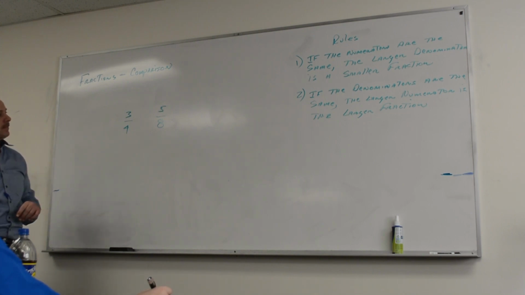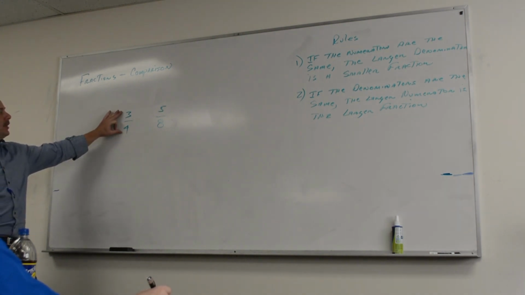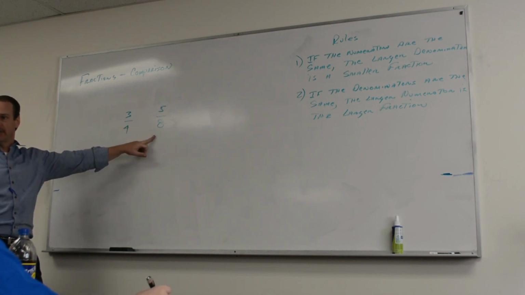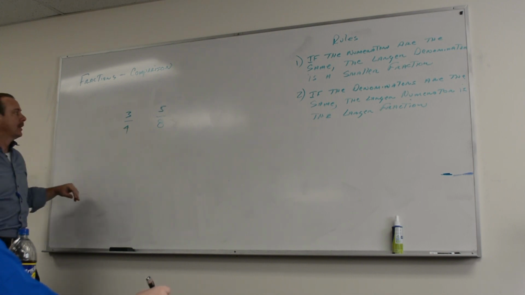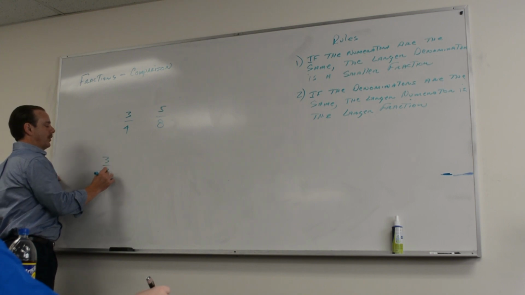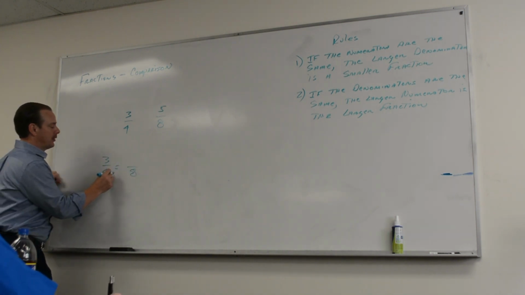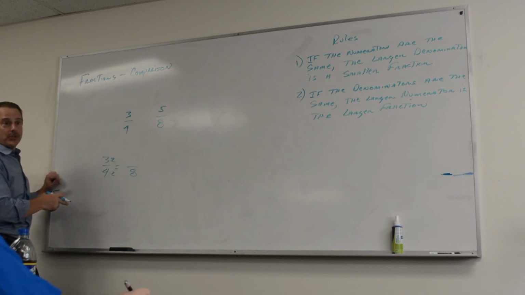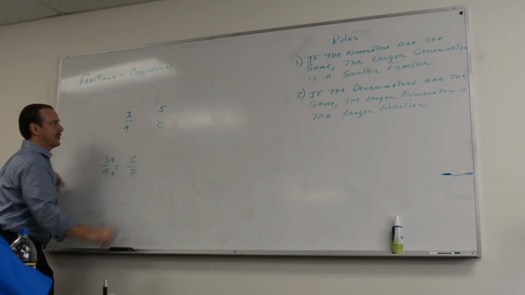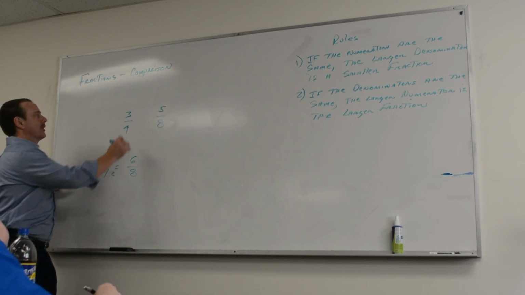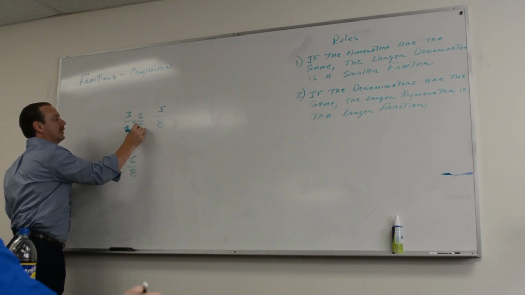Well, we know that 4 goes into 8, so we can get a common denominator here, right? So I could convert 3/4 into 8ths by multiplying both the numerator and denominator by 2. So 3/4 is an equivalent fraction to 6/8. So I can say 3/4 equals 6/8.